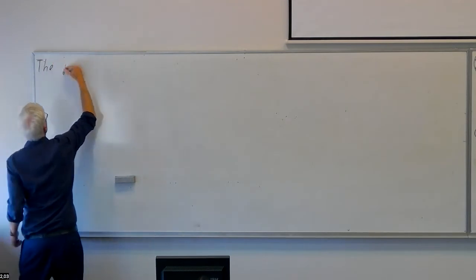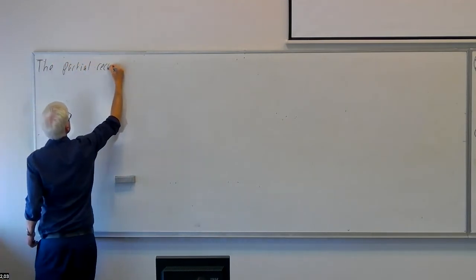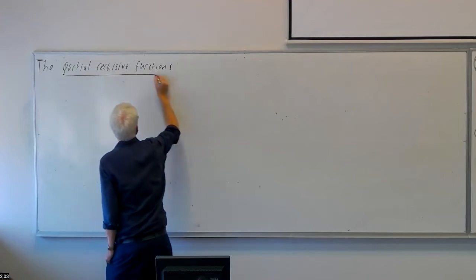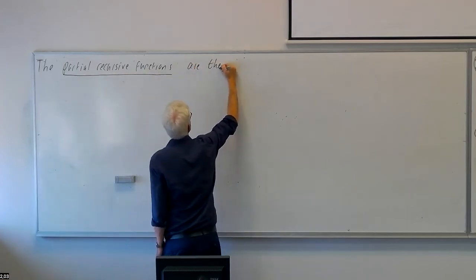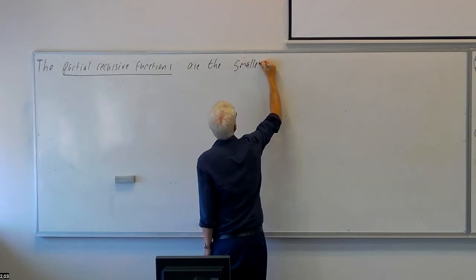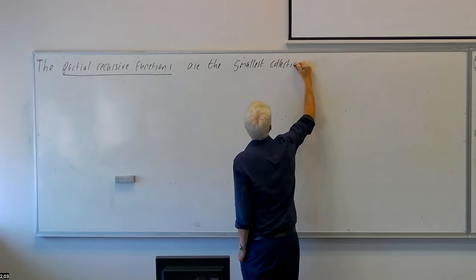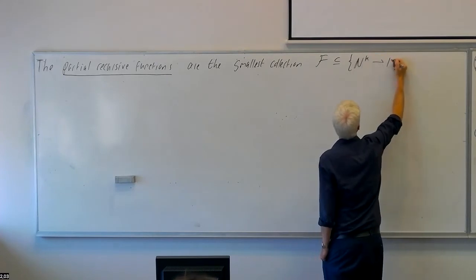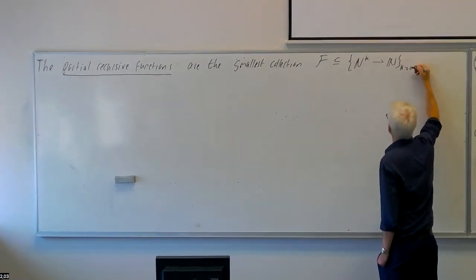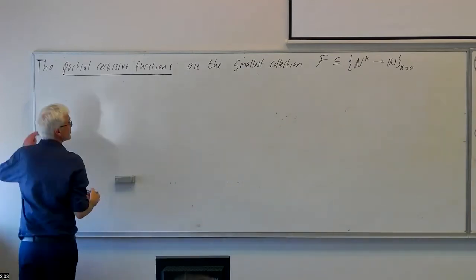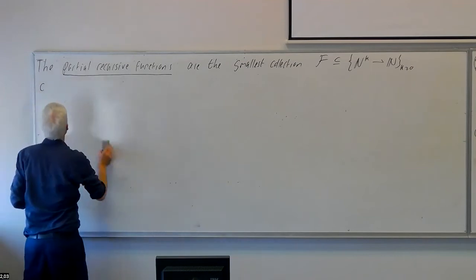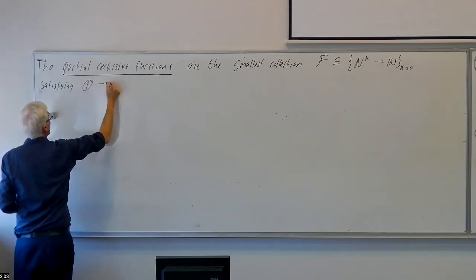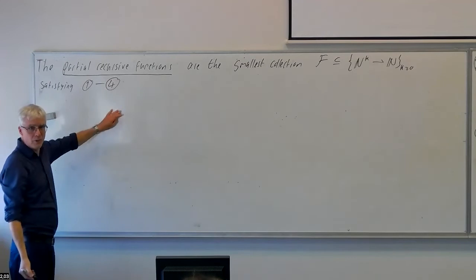Then the partial recursive functions are the smallest collection of finite-arity partial functions of the natural numbers satisfying, rather than 1 to 3, it's now 1 to 4.